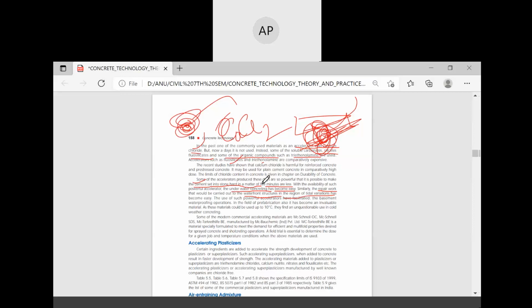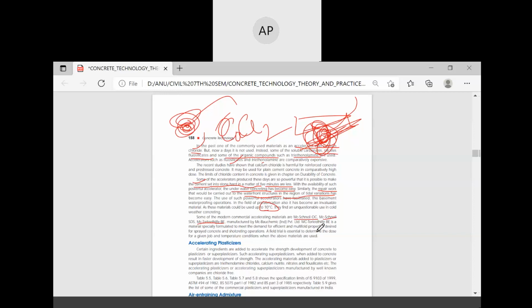The use of such powerful accelerators has facilitated basement waterproofing operations. In the field of prefabrication, it has also become an invaluable material. As this material can be used down to 10 degrees Celsius, it is unquestionably used in cold weather. Some modern commercial accelerating materials are Maxnell OC, Maxnell SDS, and Mac torque.